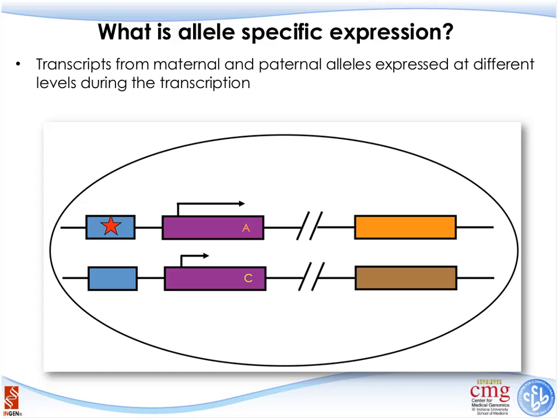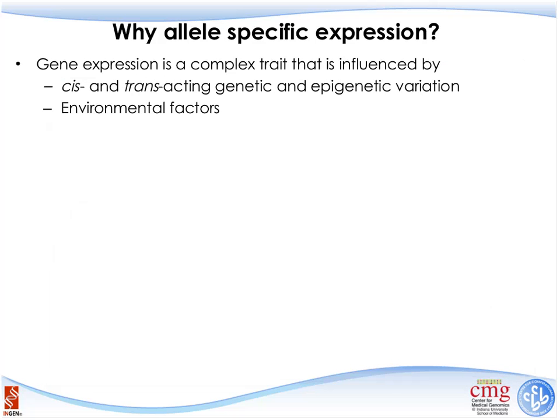In this example, you can see clearly that the A allele is expressed more than the C allele, and this is allele-specific expression. Usually, there are multiple mechanisms that can cause two different alleles to be expressed differently, but most notably will be genetic variants in the regulatory region, including the enhancer regions, promoter regions, or 3' UTR regions, or sometimes allele-specific epigenetic patterns.